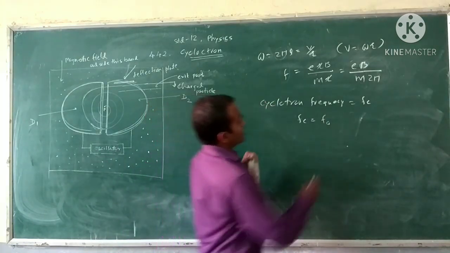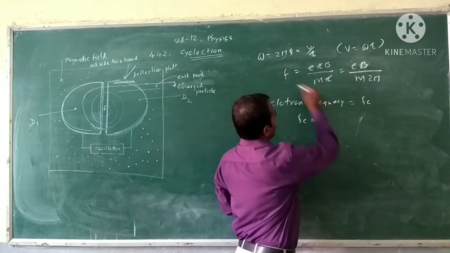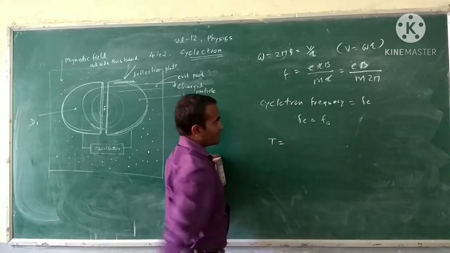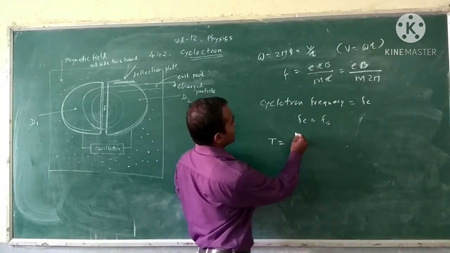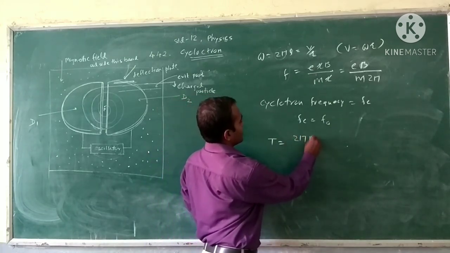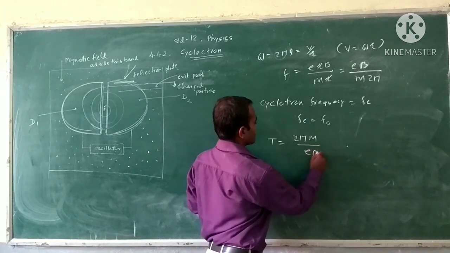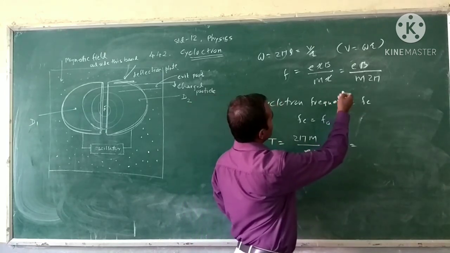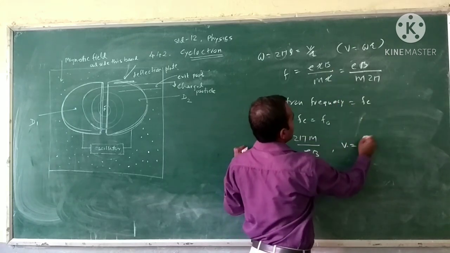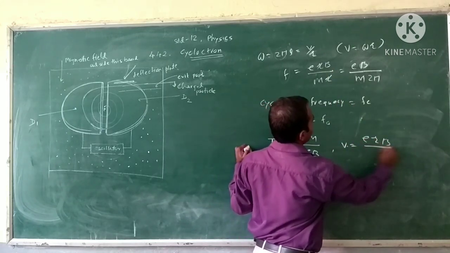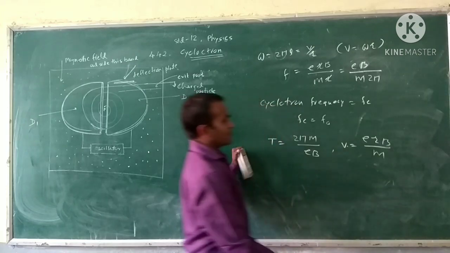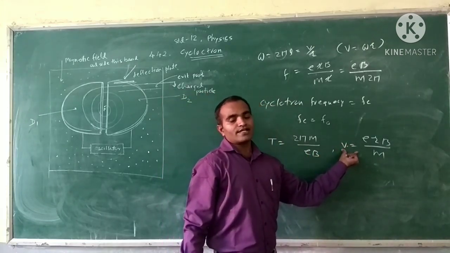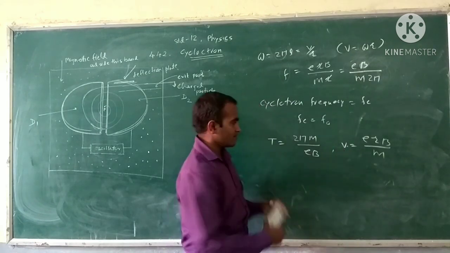So we have calculated frequency. By using this frequency you can calculate the time period, which is equal to 2 pi m divided by E B. What was its velocity? V is equal to E R B by M. By using this velocity we can calculate its kinetic energy also.